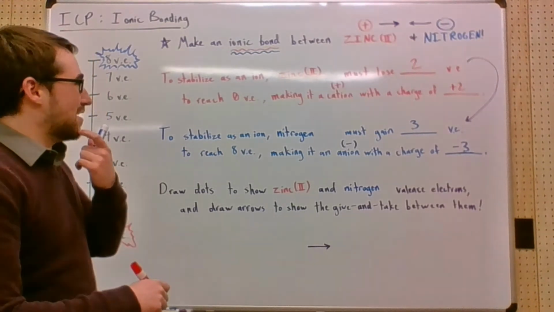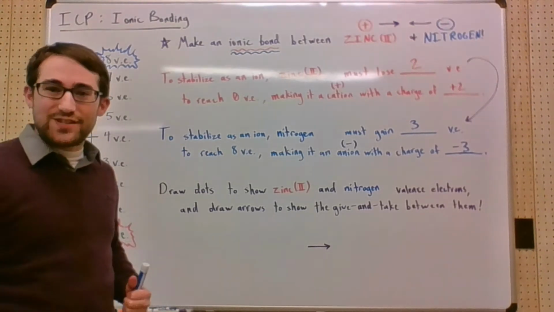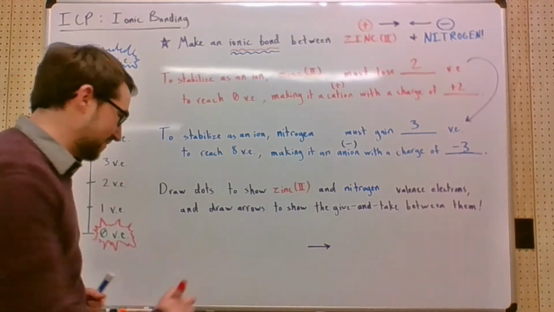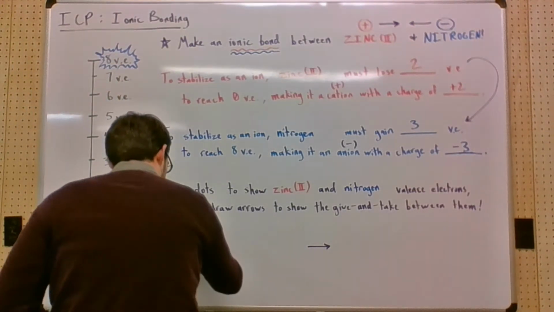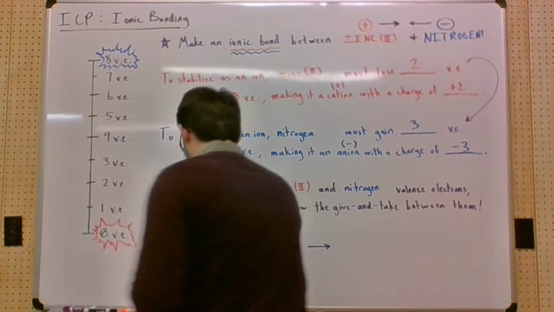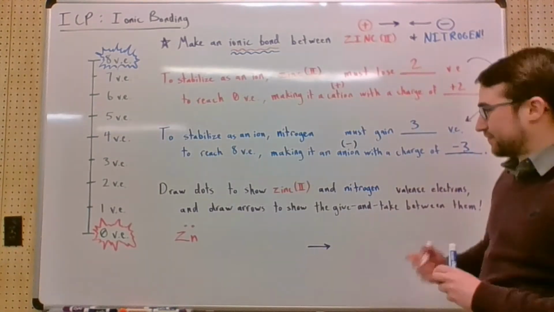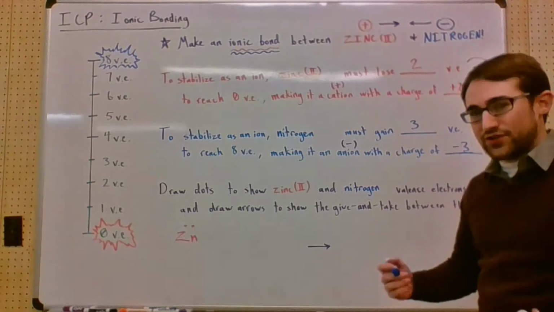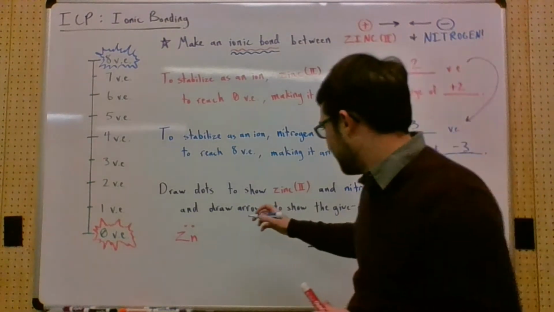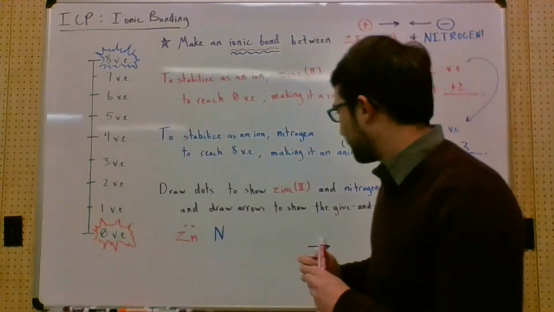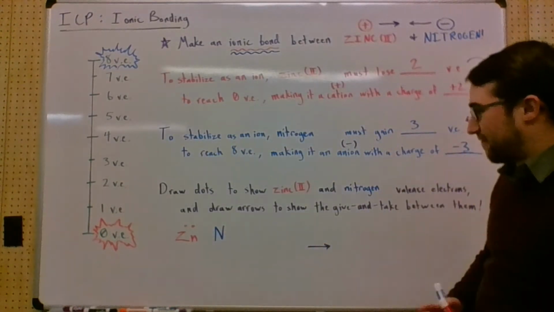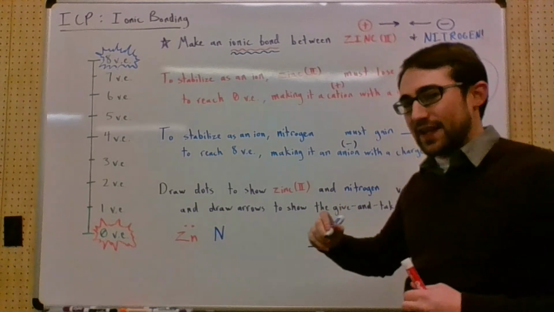Okay, so we're going to show each of our zincs with 2 valence electrons. Give it 2 dots there. My nitrogen is going to have 5 dots for 5 valence electrons.